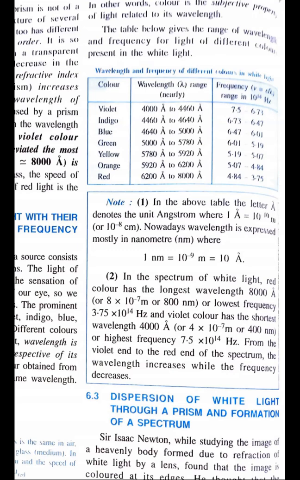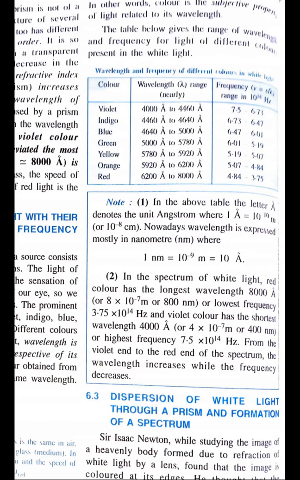Imagine karo the thickness of your hair, cutting the hair in 1 lakh small pieces, and that one piece is 1 nanometer. If I have to make it 1 Armstrong unit, I will have to cut it into 10 lakh pieces. Okay, so these values are very, very small.